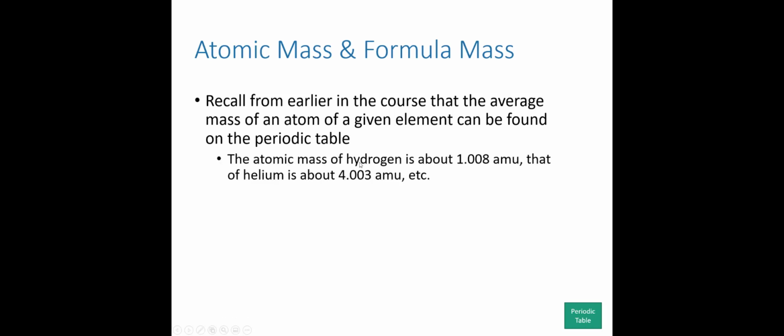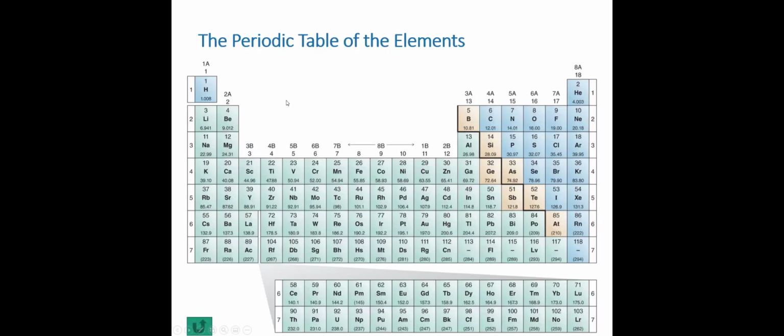So the atomic mass of hydrogen is about 1.008 AMU, and that of helium is 4.003 AMU. And remember, AMUs are very small mass units. They're about 10 to the minus 24 grams. These values we can see on the periodic table. So for hydrogen, there's the 1.008, and here's helium, 4.003.